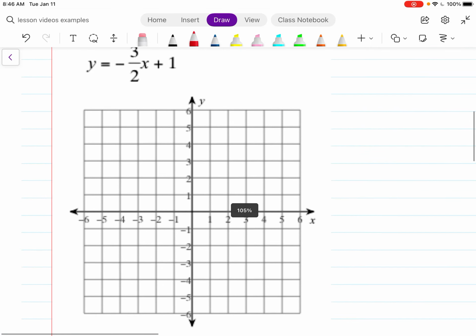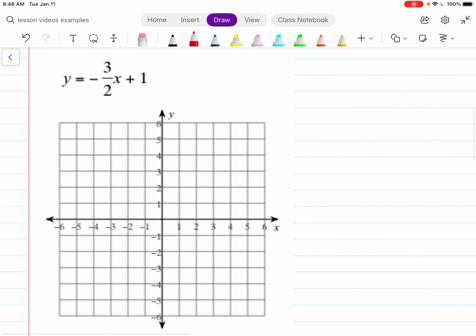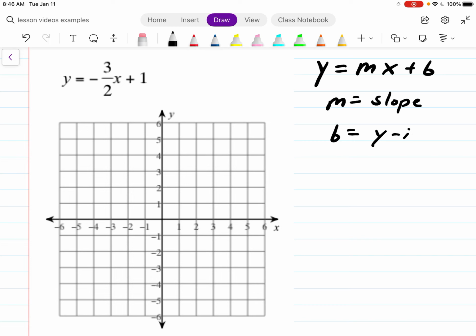So let's go to the next equation that we have. Again, y equals mx plus b. The m is our slope. The b is our y-intercept. So in this case, I'll make these a little bit larger for you guys. We know that the slope is being multiplied into x, is touching x.